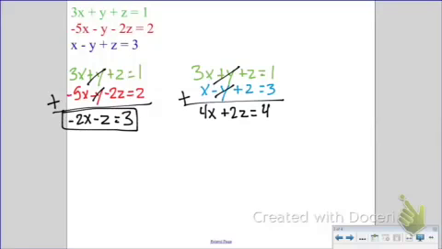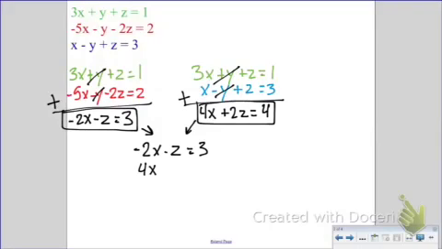And remember, now we're going to take these two equations and put them back together into an old-fashioned system. Negative 2x minus z equals 3. And then 4x plus 2z equals 4. I have negative 2 and 4 on the x's. I have negative 1 and 2 on the z's.